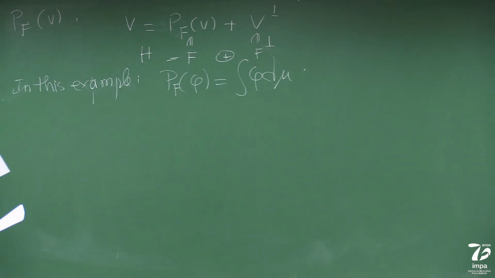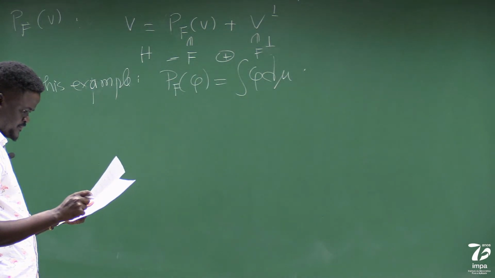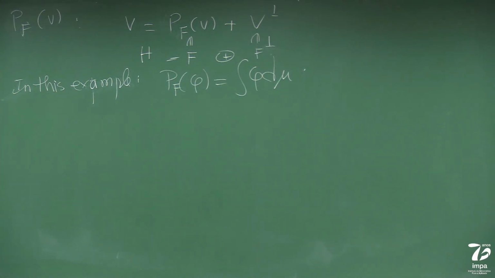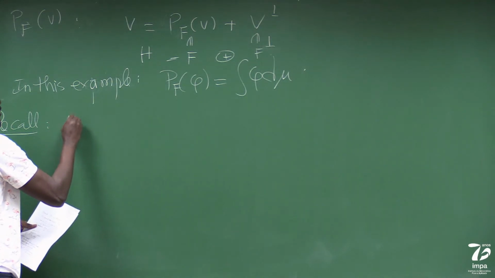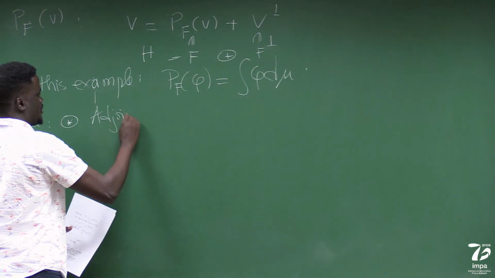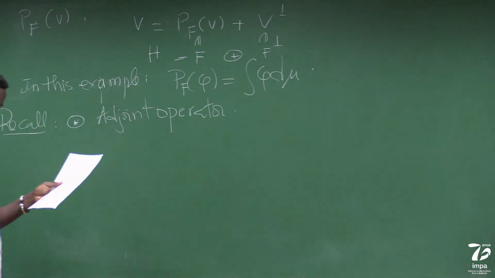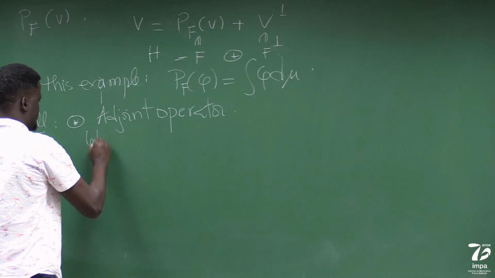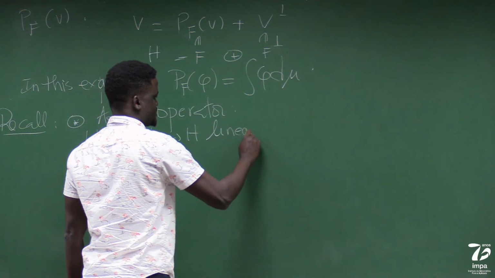Okay. So before I state the von Neumann ergodic theorem, I want to tell you about adjoint operators and isometry. So recall the adjoint operator. Let U from H to H be linear and continuous.